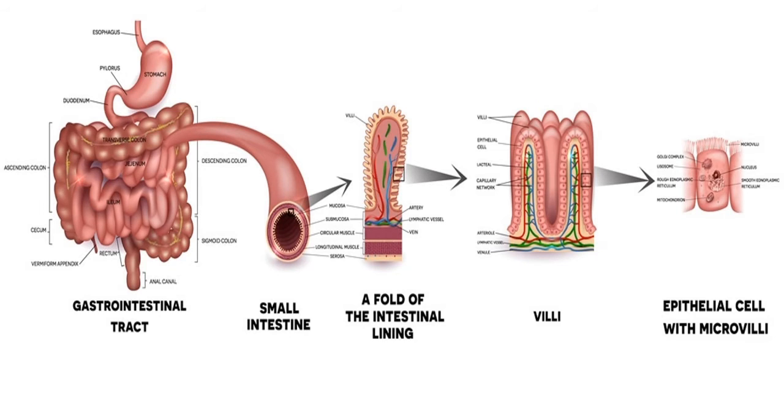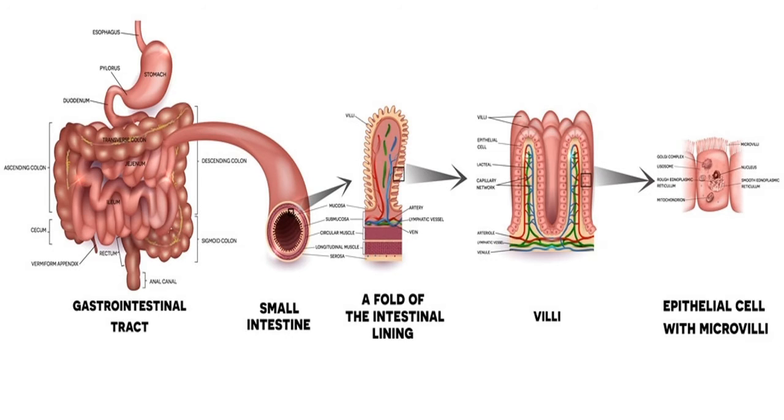Second, the microscopic structure of small intestine shows folds or finger-like structures that are called villi. These villi are always bathed in food, so the secretion from small intestine is directly discharged into the food. That is why the digestion as well as absorption of nutrients from digested food takes place.